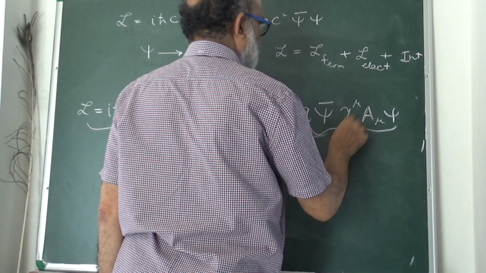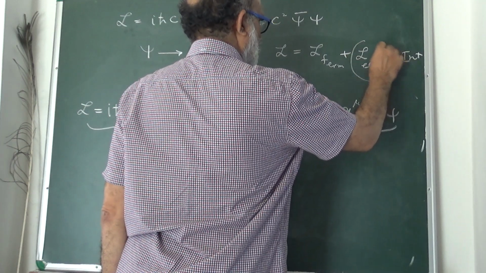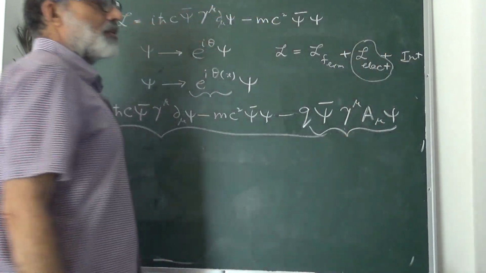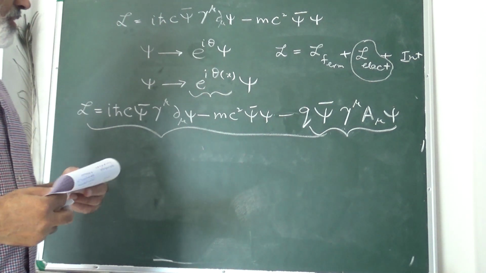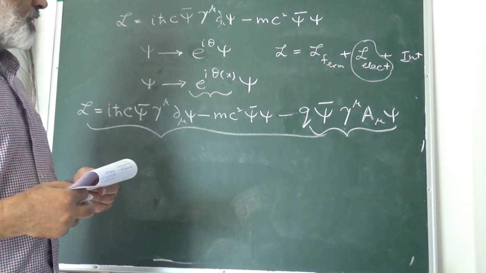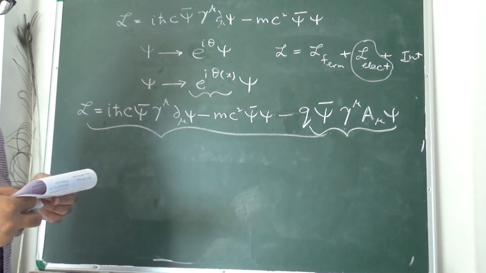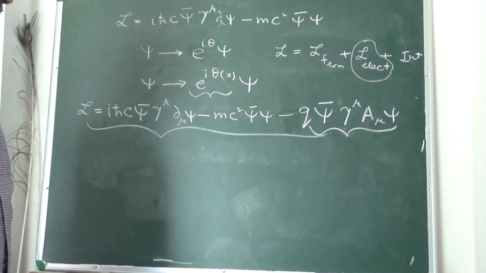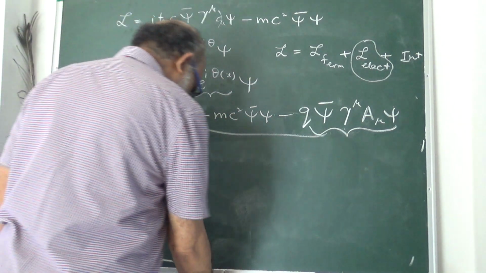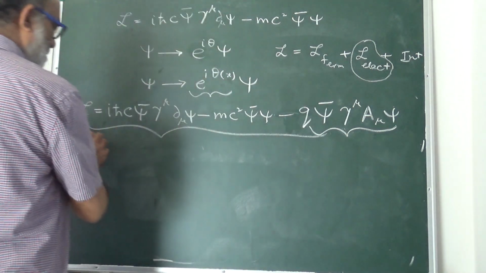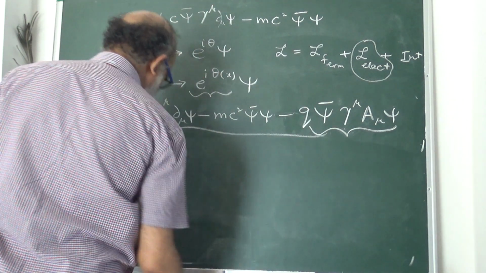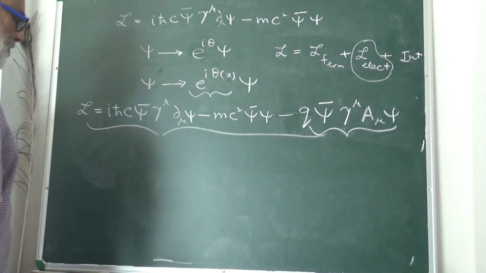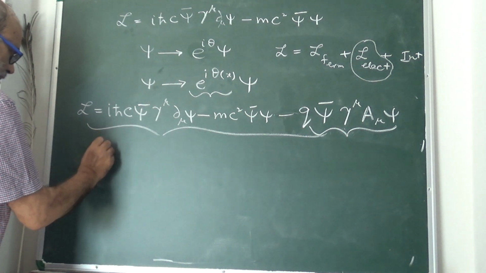We have taken the interaction part, but we must have the Lagrangian of the electromagnetic field also. But the electromagnetic field is a boson field, a vector field of spin 1. So we need the Lagrangian for a spin 1 particle.